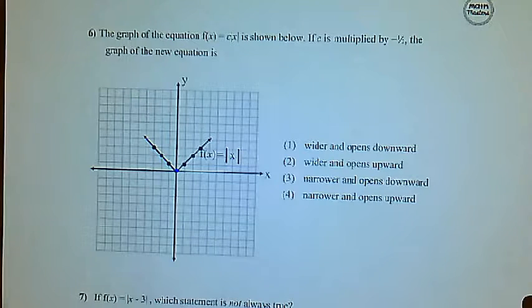And then, alright, it's going to look like that.